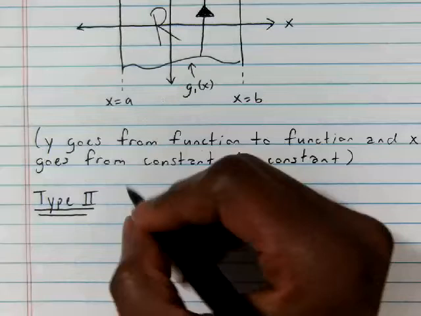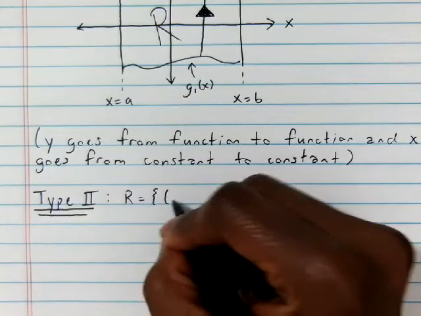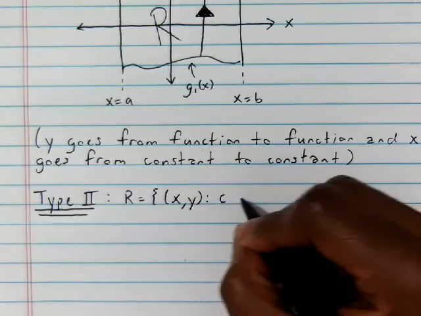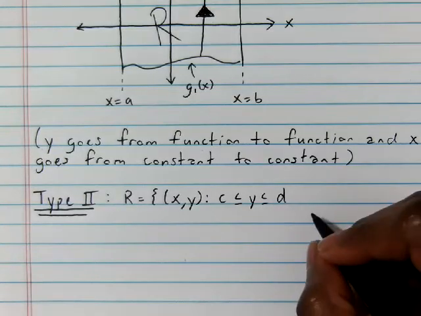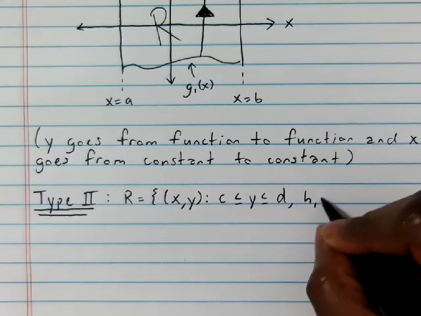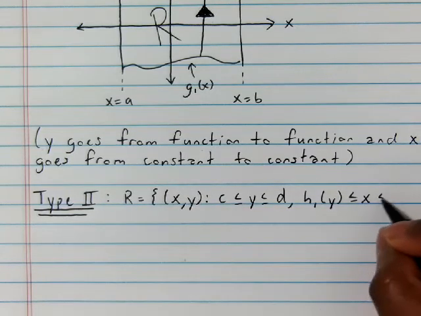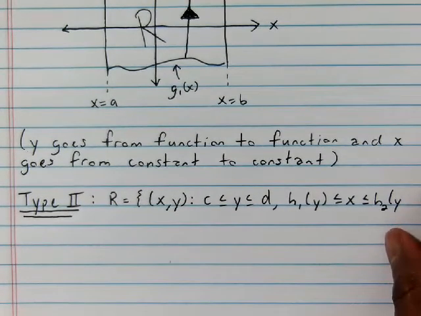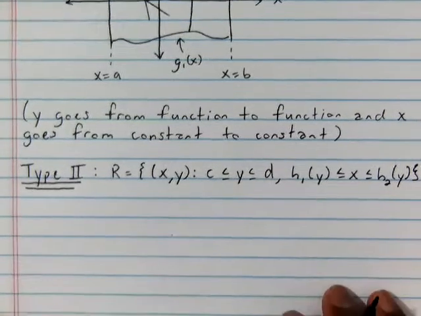So that will be a region of the form R equals the set of points x, y such that y is between two constants c and d, and x is between two functions h sub 1 of y and h sub 2 of y. And we'll sketch a type 2 region.